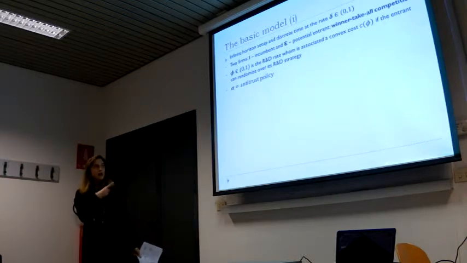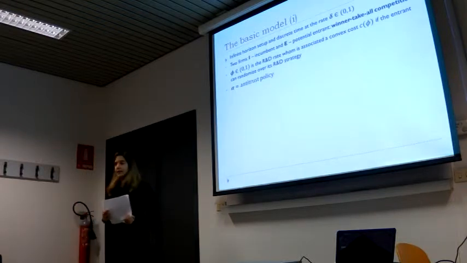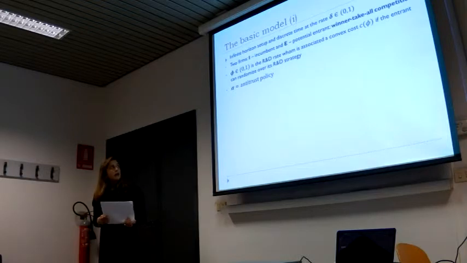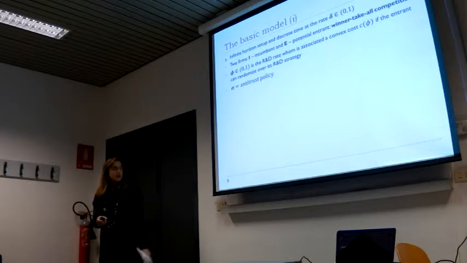That's why we are talking about a winner-take-all competition. So we are in an infinite horizon setup and discrete time. Delta is a discount factor. There are two firms, as I said before, and phi is the value of the research and development rate. The antitrust policy in this case is called alpha.